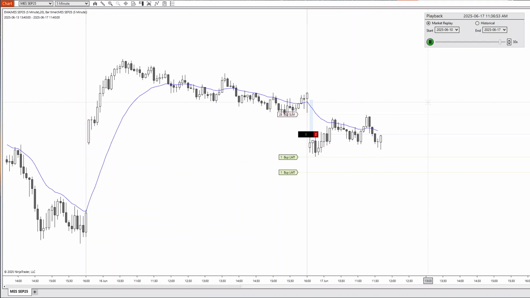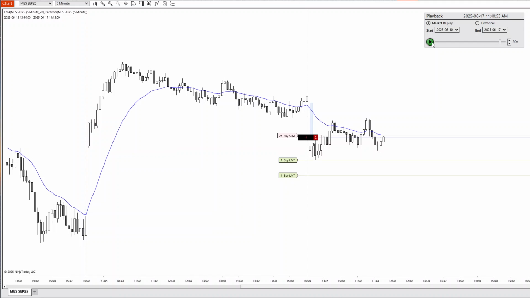So that completes the leg one. I'll move my stop loss to here. Leg one. Wait, it's too early to put the stop loss there.